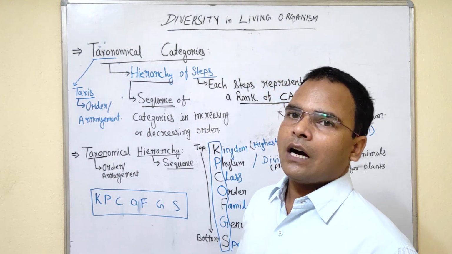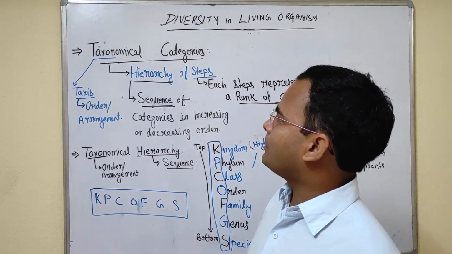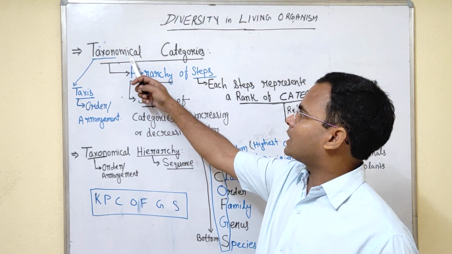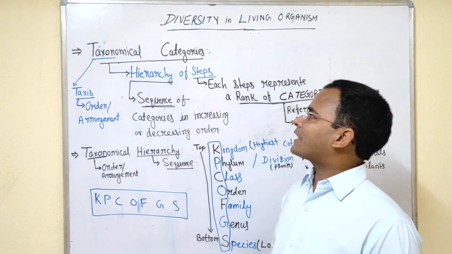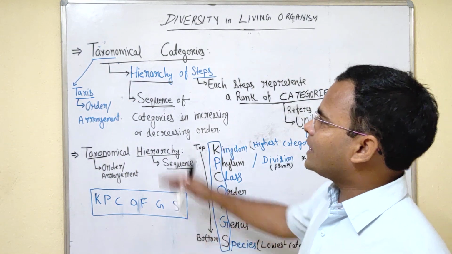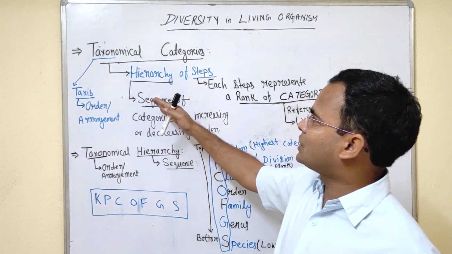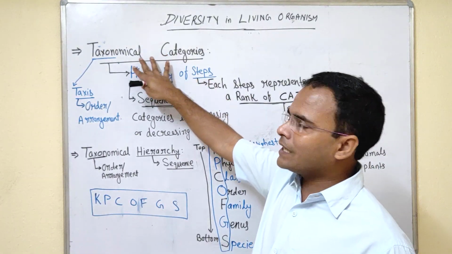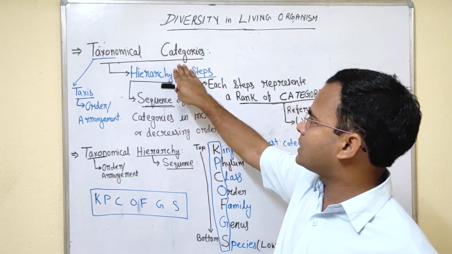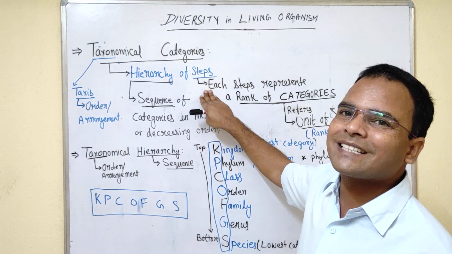So, one of the important terms is: what are the different taxonomical categories? They are the order or arrangement, the hierarchy of steps. The taxonomical categories are the hierarchy of different steps.